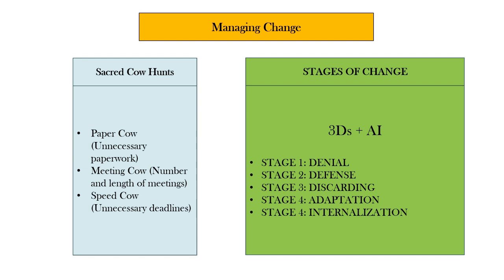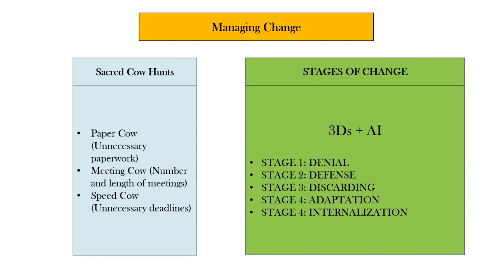A sacred cow hunt, then, is an organization-wide attempt to get rid of practices that serve no useful purpose for the organization. We can use the paper cow, which are unnecessary paperwork. We also have meeting cows, number and length of meetings, and the speed cow, unnecessary deadlines.